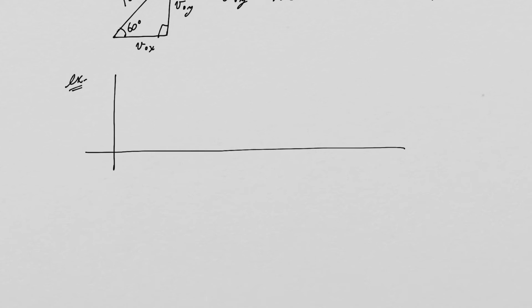This is the launch velocity again, V naught, and let's say again this is 60 degrees, and I tell you that this V naught is 139 meters per second. So that's the launch speed, the magnitude of launch velocity. Now we know what's going to happen: this projectile is going to rise to a peak and then come back down and hit the ground here. And since this takeoff height is the same as the landing height, this horizontal displacement is called the range.